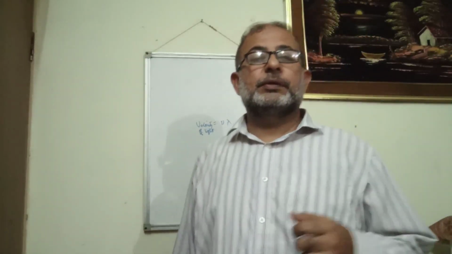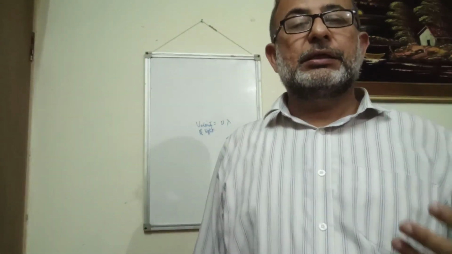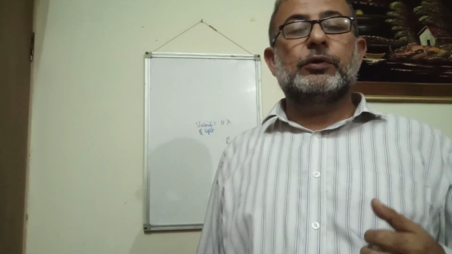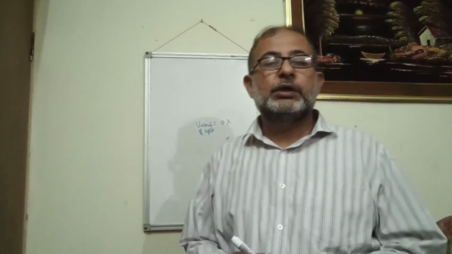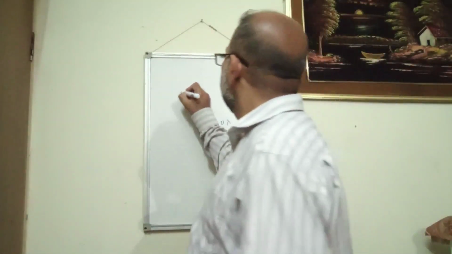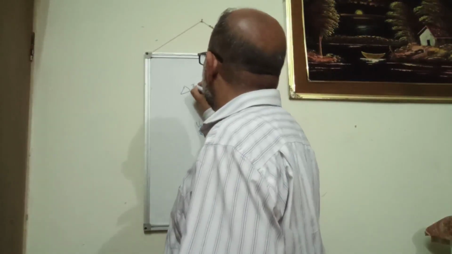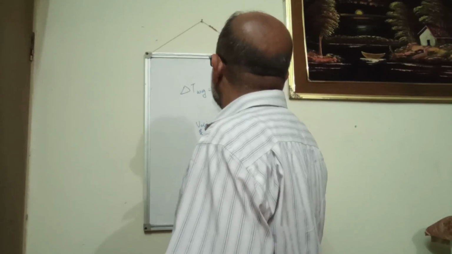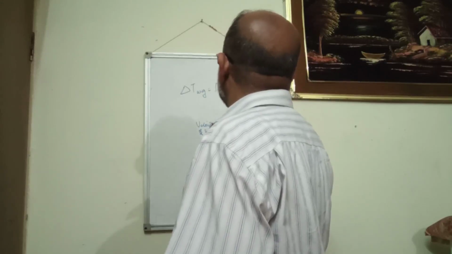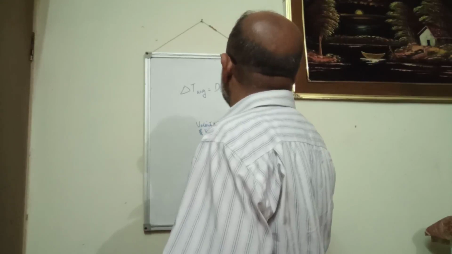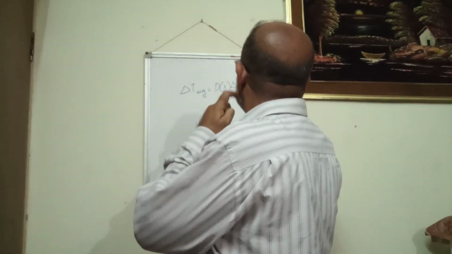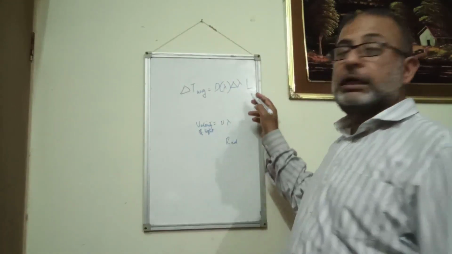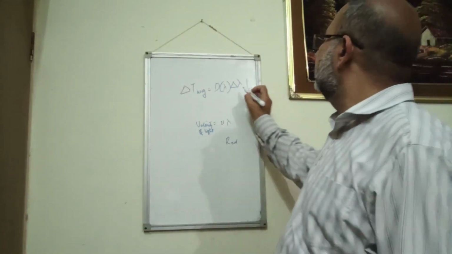So this delta t is the delta t waveguide, delta t wg. We call it delta t wg. We can write it as... Here delta lambda is, what is this?